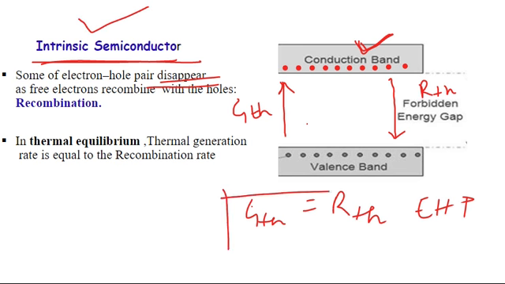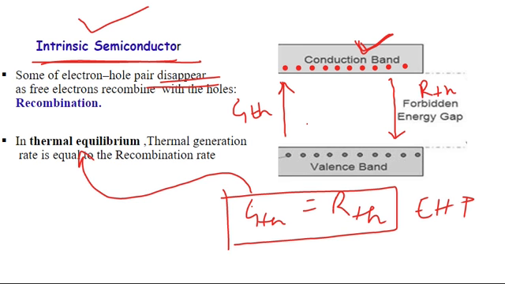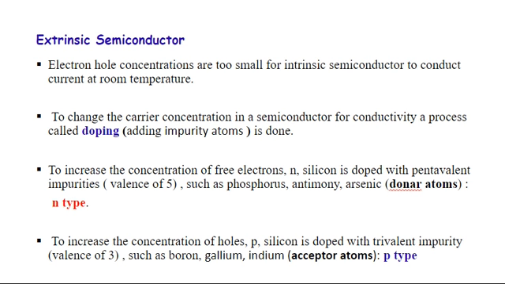This stage, when generation rate is equal to recombination rate, is called thermal equilibrium. Since the intrinsic semiconductor is not conducting, we are moving towards the extrinsic semiconductor.